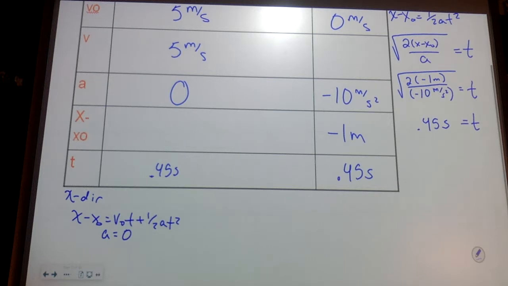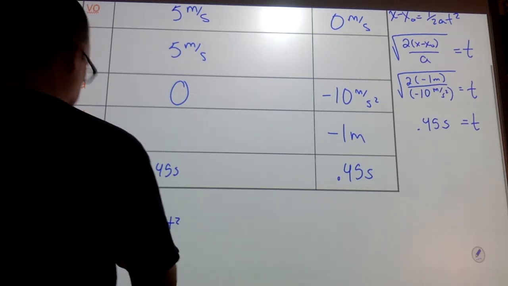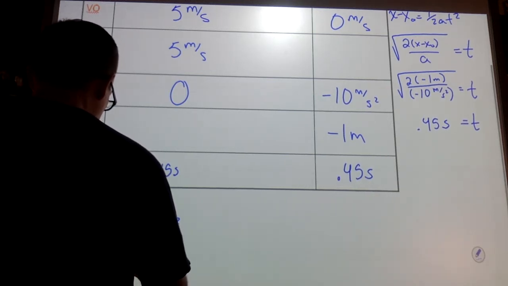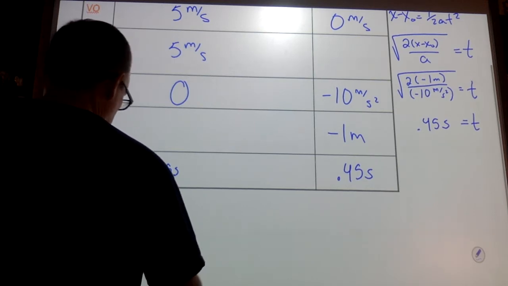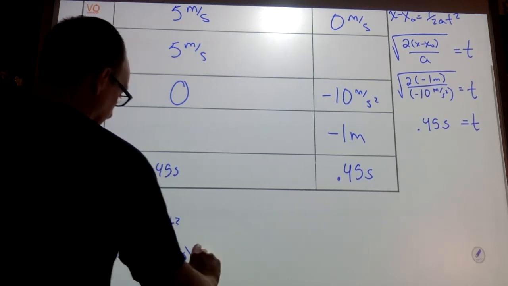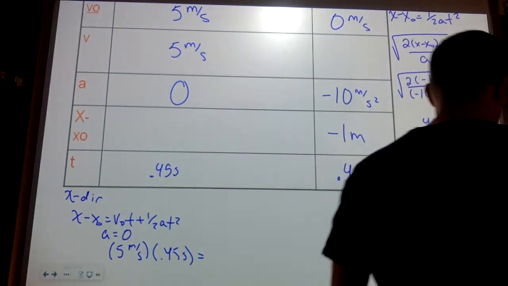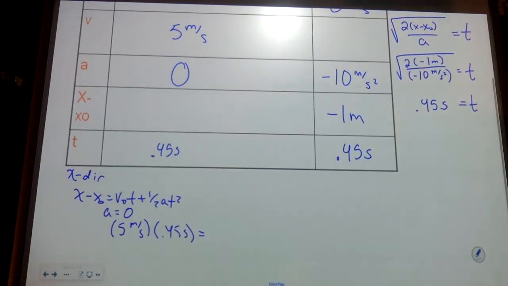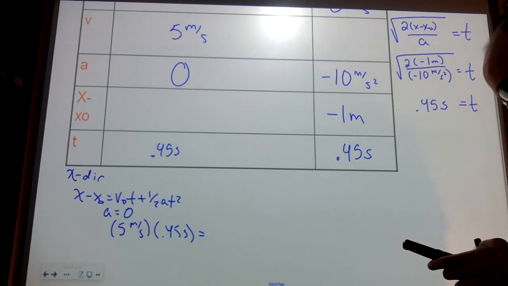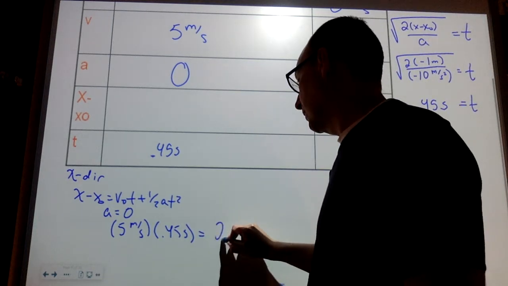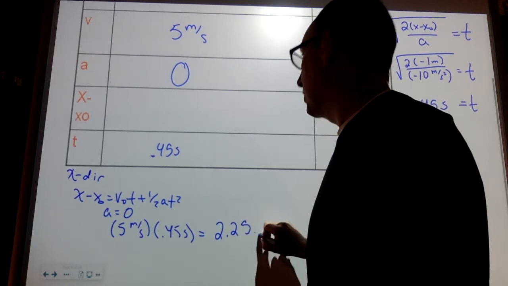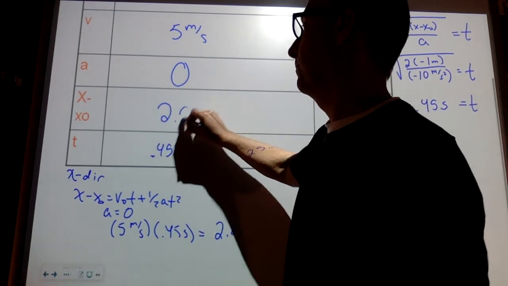So I just have v naught t. And so that's going to be 5 times 0.45. Which I believe is 2.25, but I will put it in my calculator. So this is my horizontal displacement.